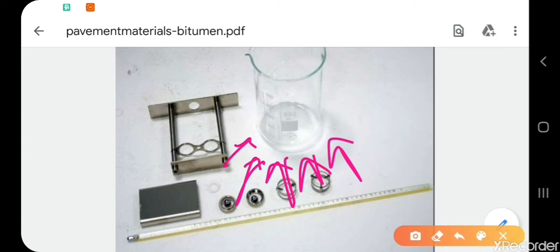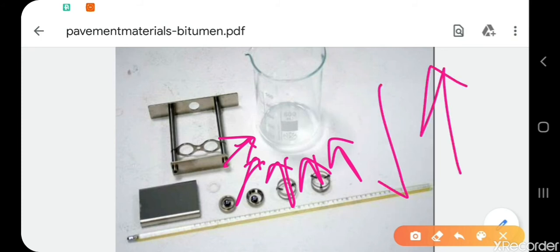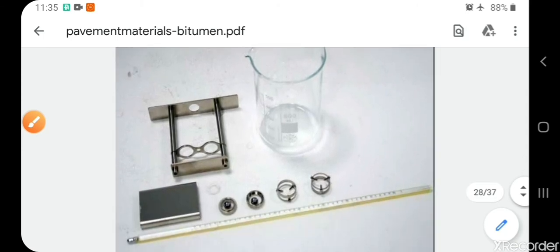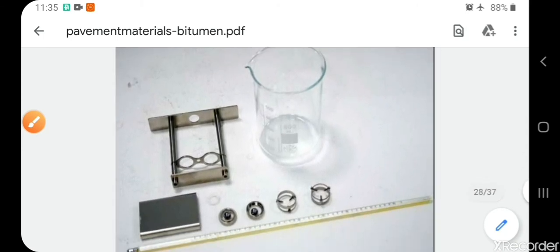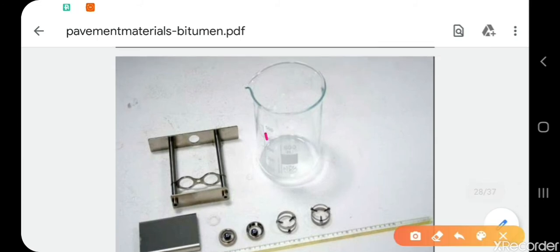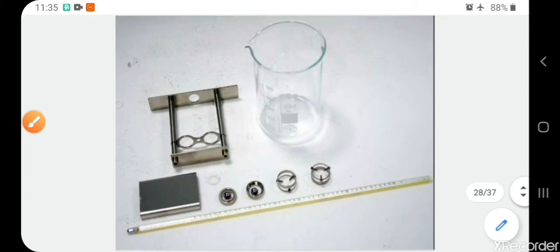To give uniform temperature over the beaker, we use the water as a bath. As the temperature of the water increases, the bitumen softens. At the point where the bitumen softens and the balls collect at the bottom of the beaker, that particular point is known as the softening point of the bitumen.